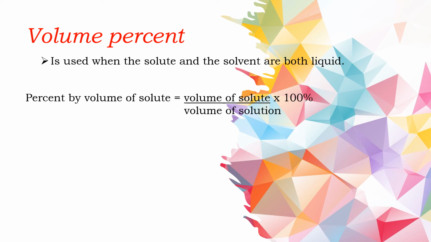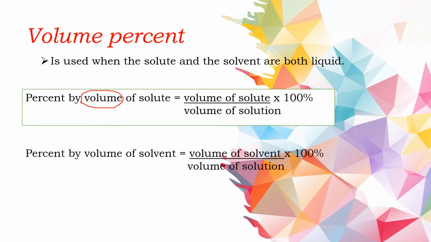Napalitan lang po yung mass, kanina mass, but this time ang gagamitin po ay volume. Same lang po yung process. Okay, so the percent by volume of solvent is equal to the volume of solvent divided by the volume of solution times 100%.